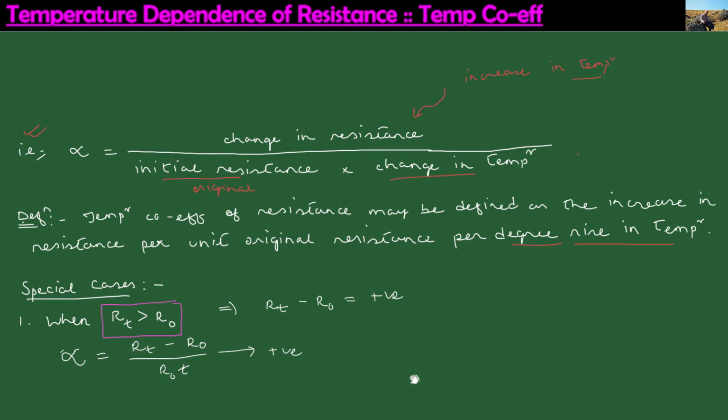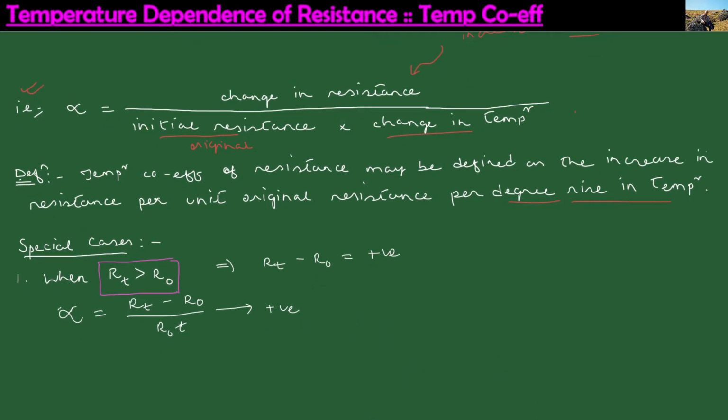If the temperature coefficient is positive, it means that these types of materials are metals. So when RT minus R0 is positive, our temperature coefficient of resistance will be positive, and this holds for all conductors.